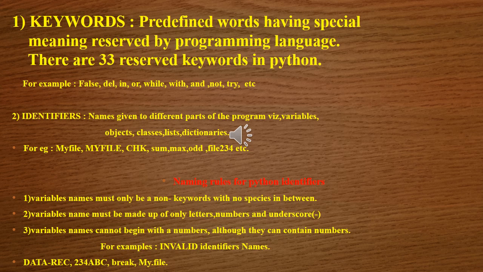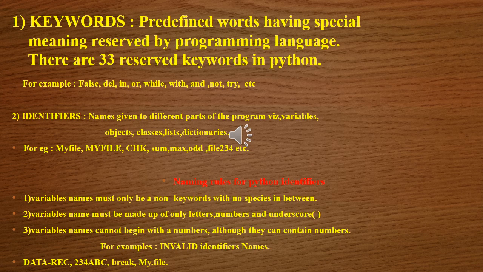For example, we can say MYFILE in capital letters, myfile in small letters, and a combination of small and capital letters, underscore chk, sum, max, odd, file, file1, 2, 3, 4. These are valid identifier names in the Python programming language.